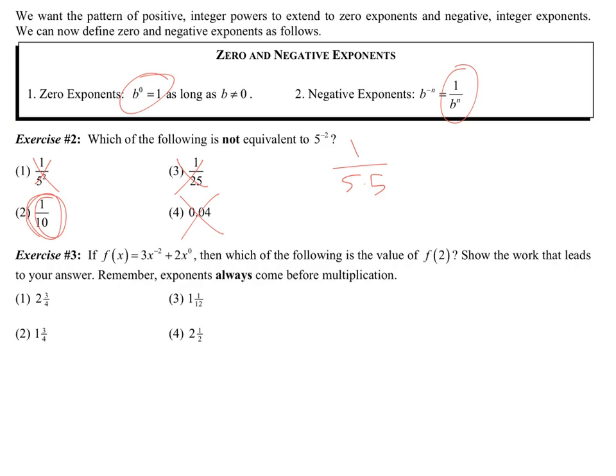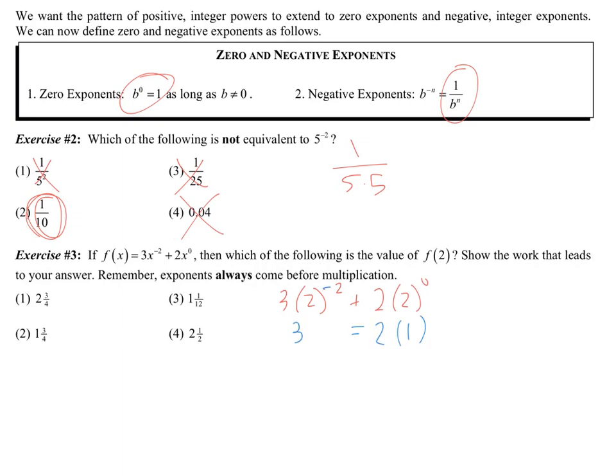So if f of x equals 3x to the negative 2 plus 2x to the 0, then which of the following is the value of f of 2? So 3 times 2 to the negative 2 plus 2 times 2 to the 0 power. Well, automatically, this becomes 1. We know that.